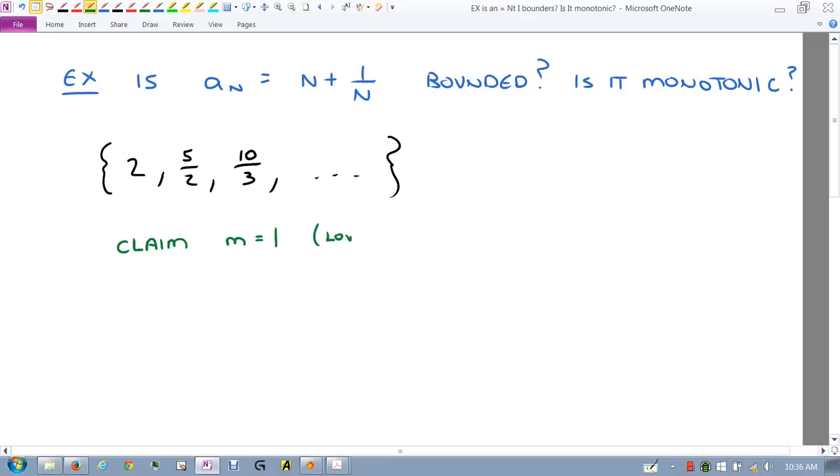This is going to be a lower bound. If that's my claim, I need to prove it. So I just need to show that 1 is always smaller than n plus 1 over n. Isn't that what I have to show? Prove to me that this is always true.